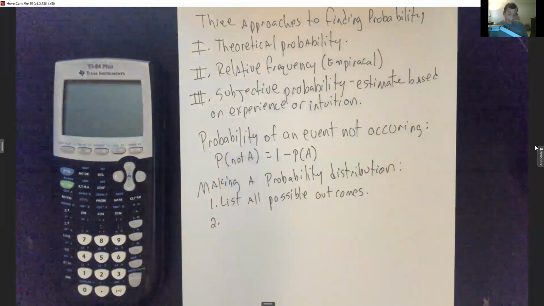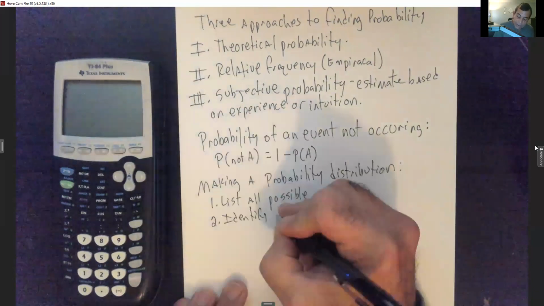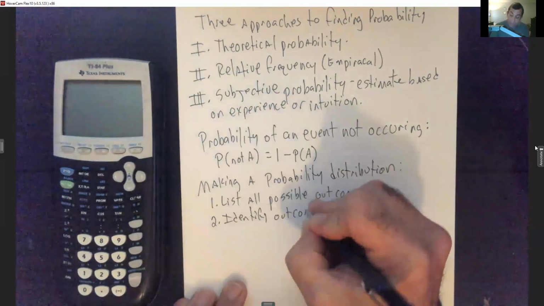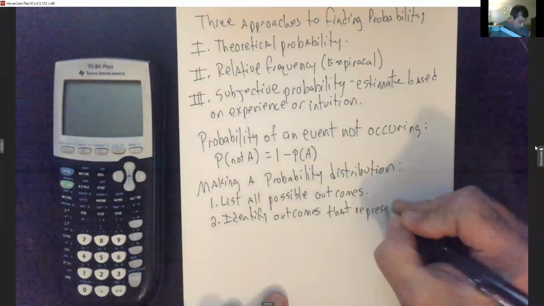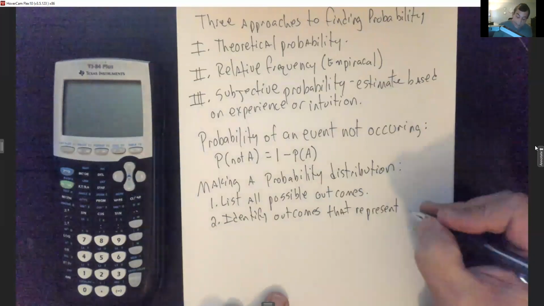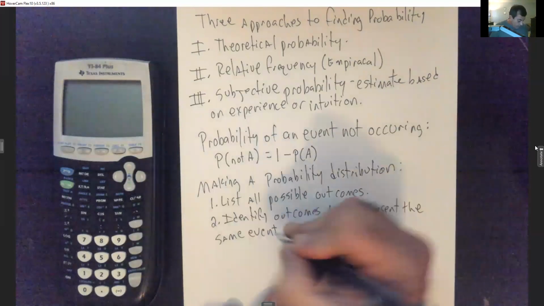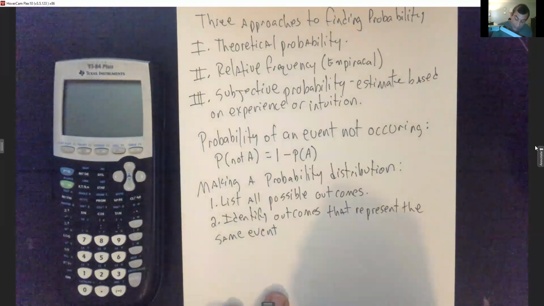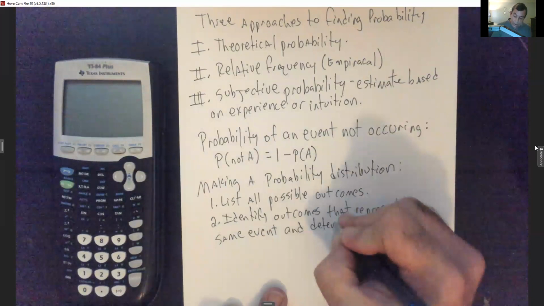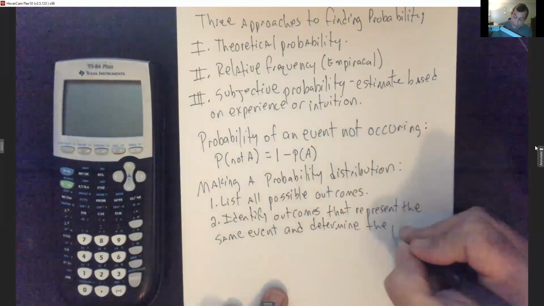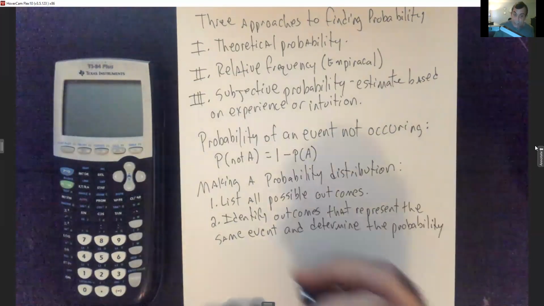Second, identify outcomes that represent the same event and determine the probability of each event.